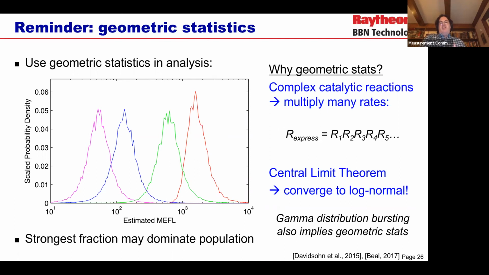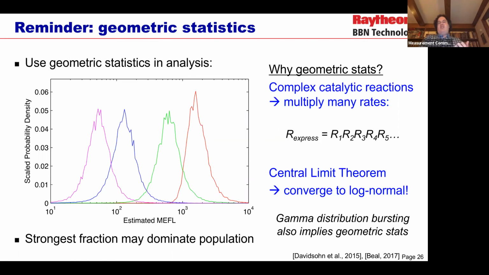You may have noticed that almost every graph that I've shown so far is using log scale axes. And that's because our cell expression tends to be bell curves on the log scale. And there's a reason for this.